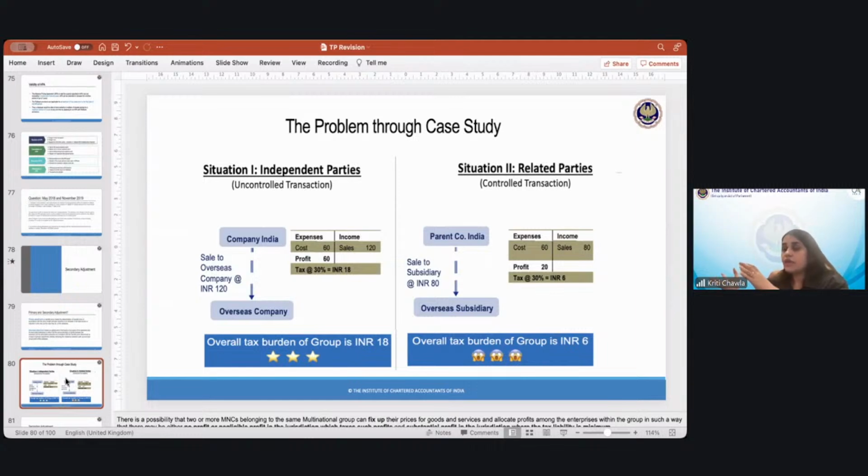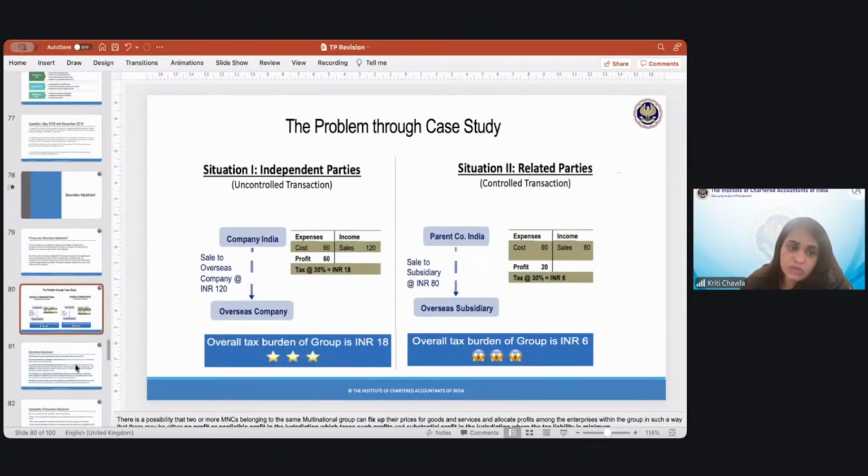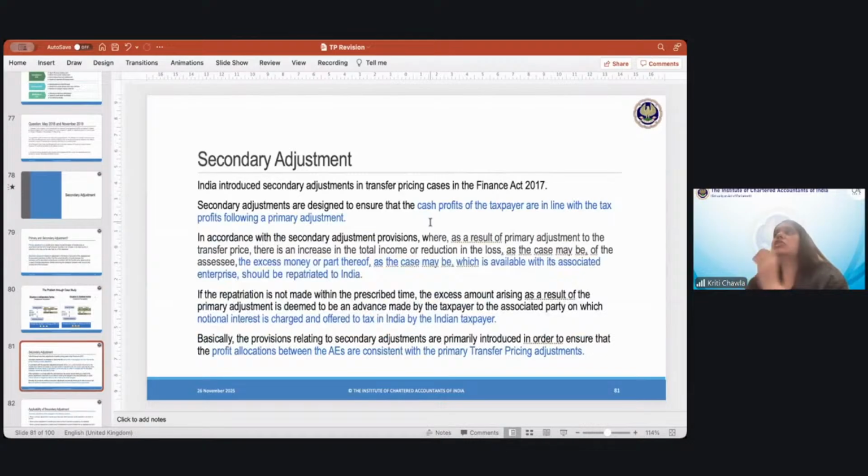Now, these 40 rupees should be remitted to the cash profits or the book profits of the related party, the parent company also. They should be remitted to India. That is basically called secondary adjustment. So this is where I've just mentioned everything about secondary adjustment.